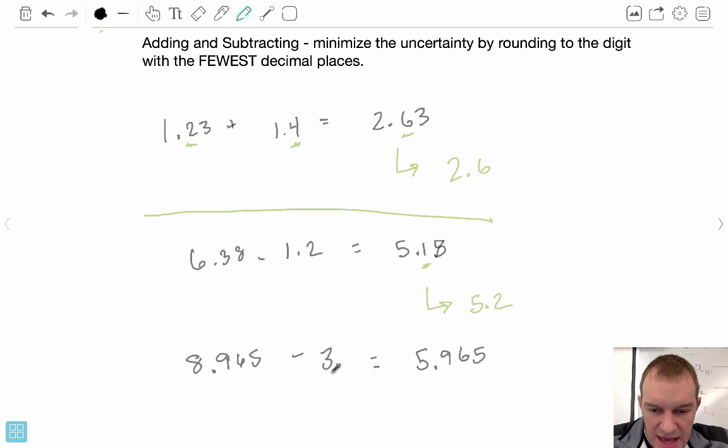We can see that the estimated digit here on the 3 decimal is the ones place. The estimated digit here is the thousandths place, which means you can only round to the ones place, that spot right there. This is going to round off to 6 decimal. Now, that's a ridiculous measurement because you've got something that's precise to the thousandths place, something precise to the ones place, and you probably would never do an operation like that. But just for the purposes of conversation, that's how it would work.